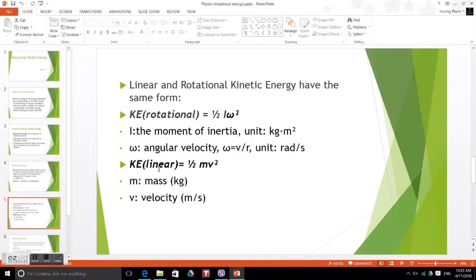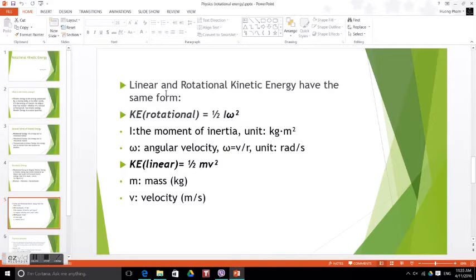And this is the equation for linear kinetic energy, which is equal to 1/2 times m times v squared. m is the mass in kilogram and v is velocity in meter per second.